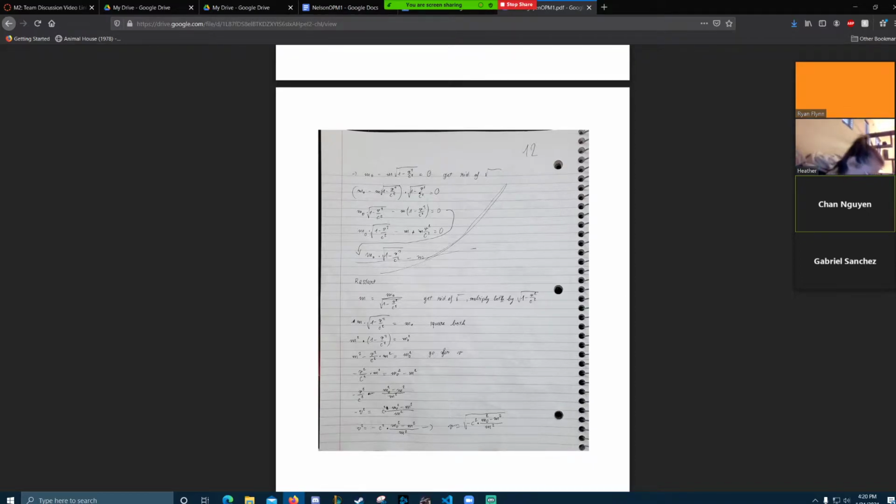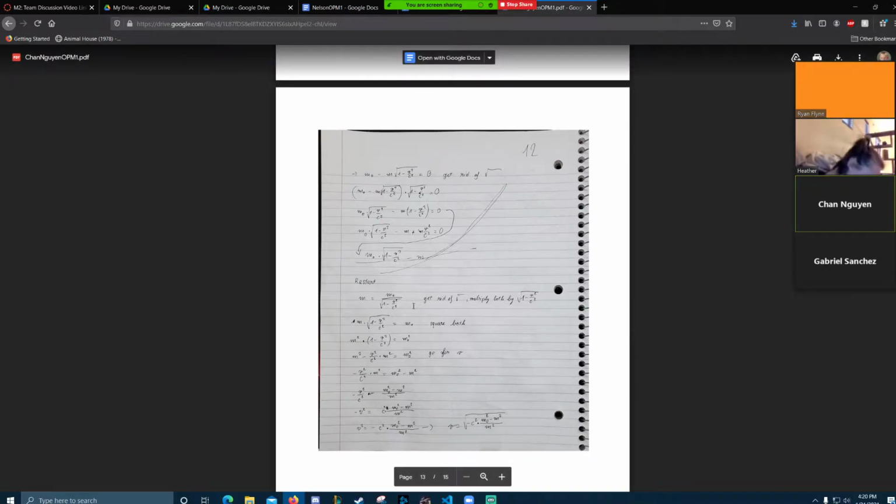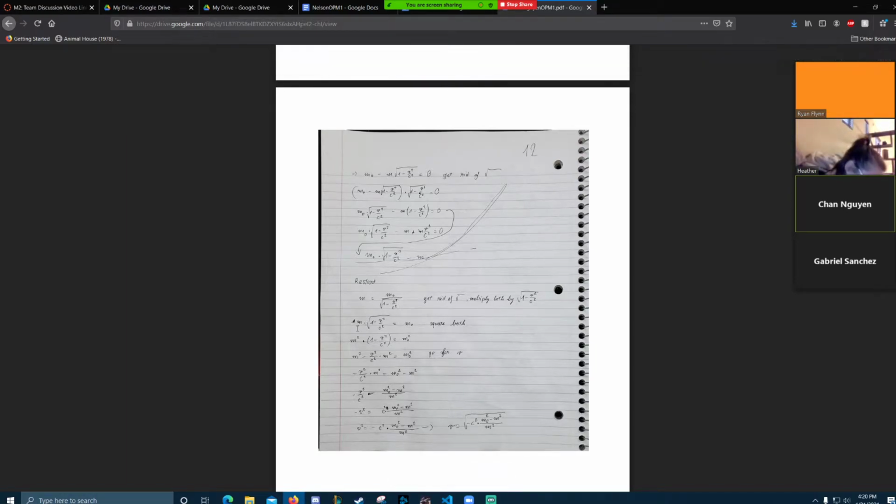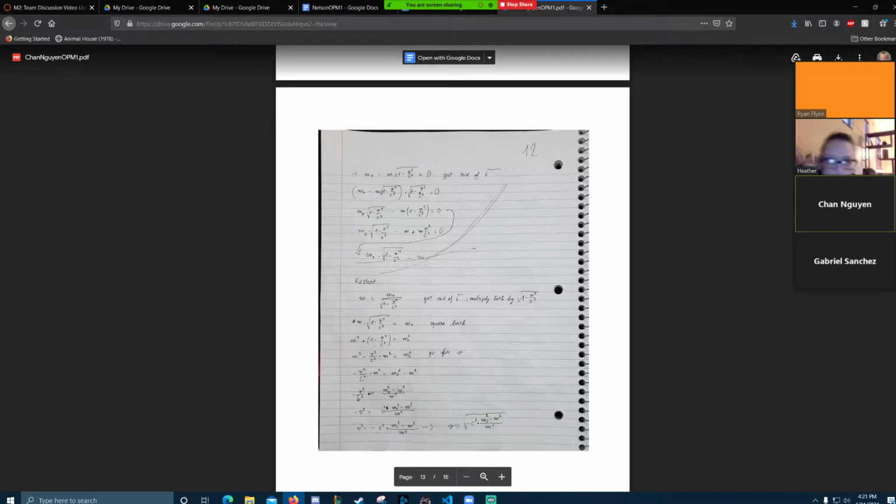It looks like you had the right idea because you multiplied both sides by the square root of 1 minus v squared over c squared, but you forgot to put that over m as well. So when you multiplied both sides, you made it equal m0, but the m0 isn't over m, and that's where you ran into your issue, because then you subtracted for m squared and whatnot.